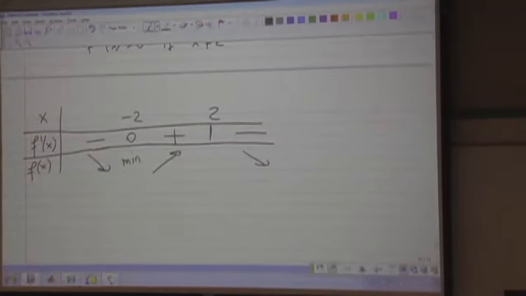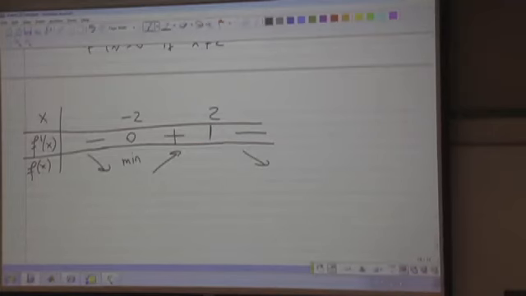Do I know that the other one is a maximum? It is not a maximum. Why is it not a maximum? I have a vertical slope, right? So how would I be able to get a maximum if I have a vertical slope? I wouldn't be able to. Is that making sense? Okay.